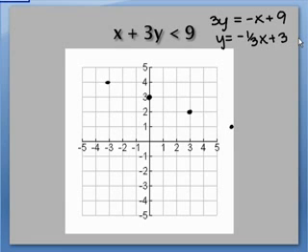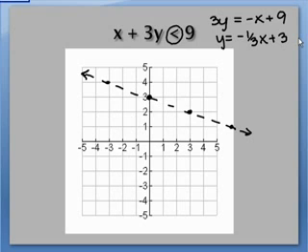Okay. Second part, do we want solid or dashed? So we take a look at the inequality sign. It says just less than, so it cannot equal those points. So therefore it's dashed. Okay. We'll put the arrows on it.